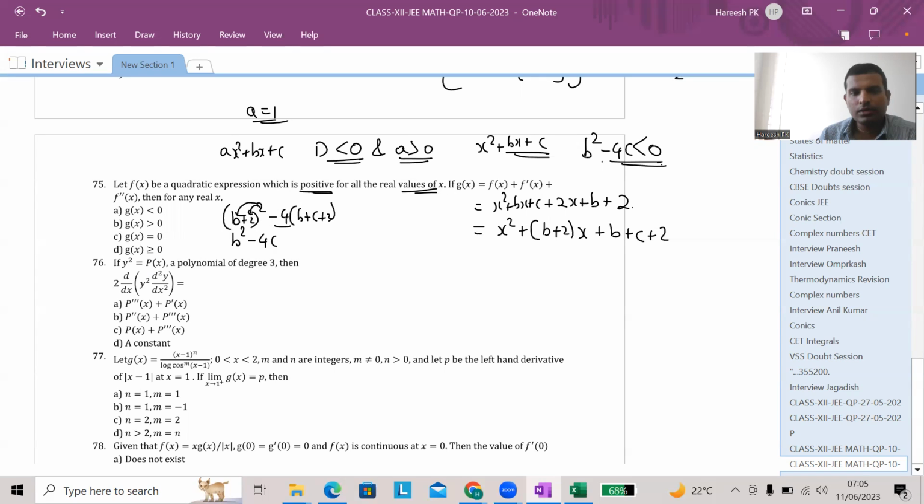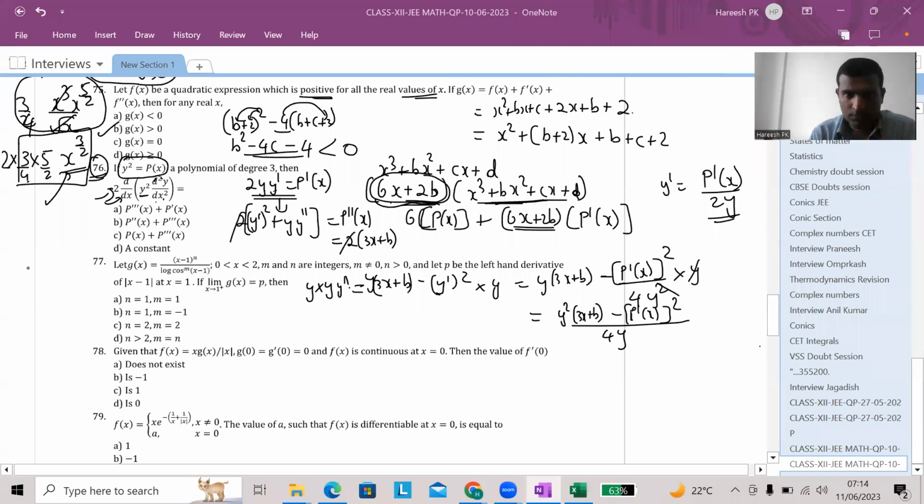So plus 4 and minus 8, I'll end up getting minus 4. So if this is less than 0, this obviously will be less than 0. That means g of x will certainly also be positive. So when the discriminant is less than 0, g of x is going to be positive.